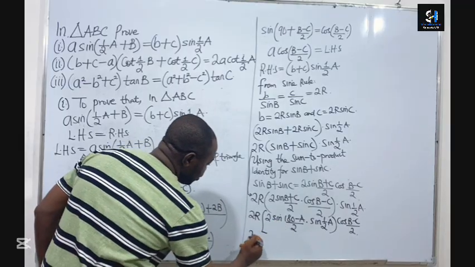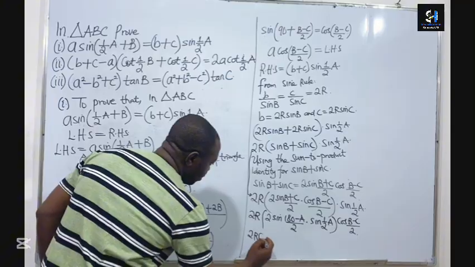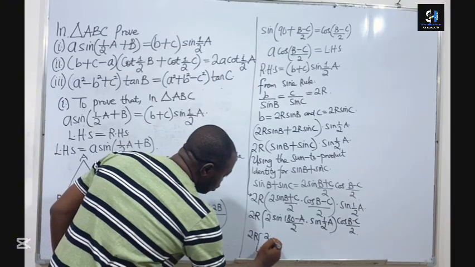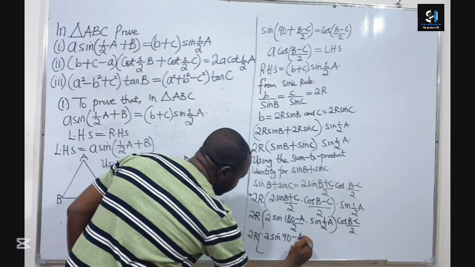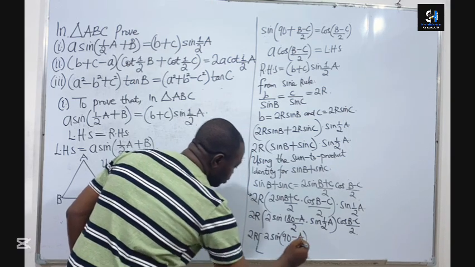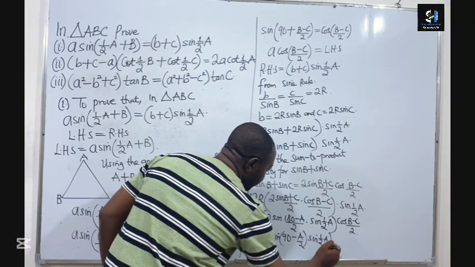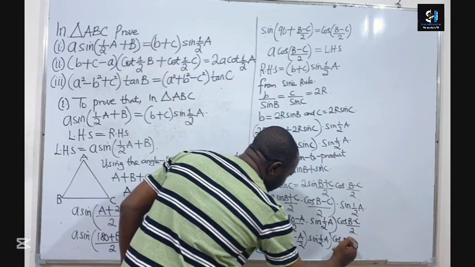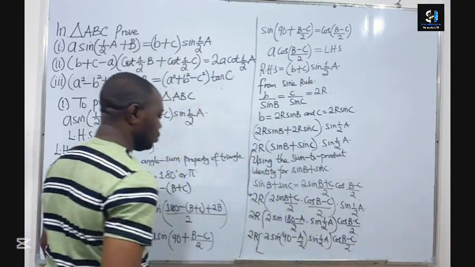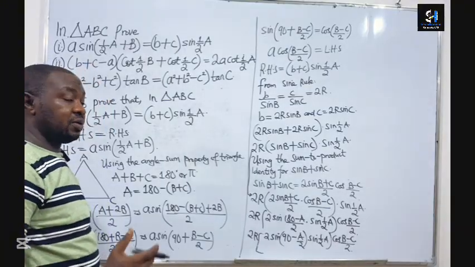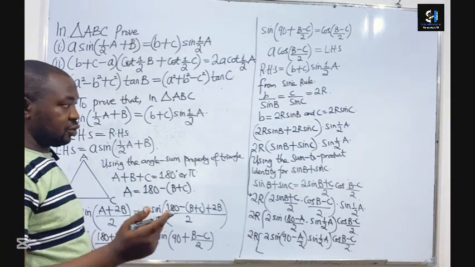Now in this case, this will be 2R [2 sine of (90 minus A over 2), then multiplied by sine 1/2 of A, multiplied by cos of (B minus C) over 2]. Now sine of (90 minus A over 2) will be cos of A over 2.